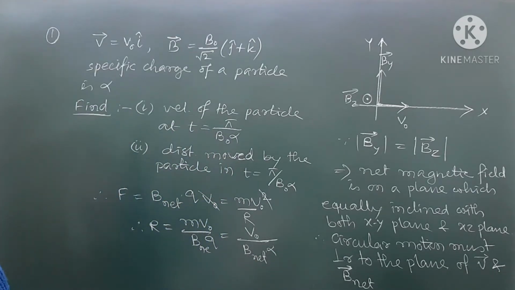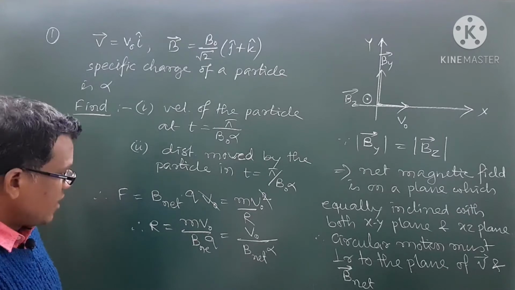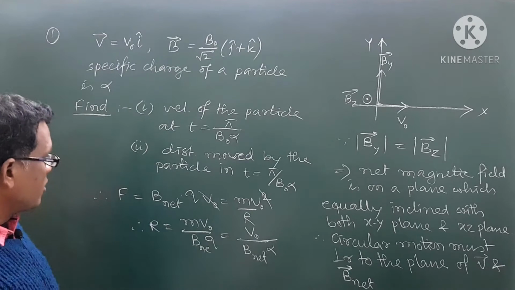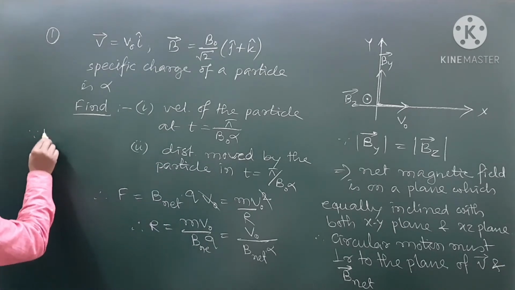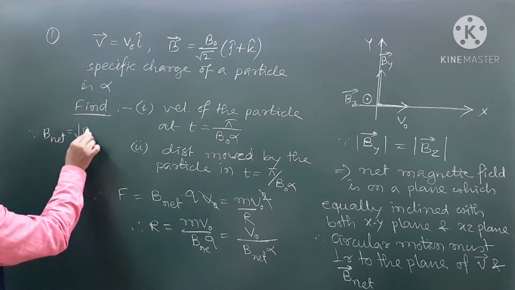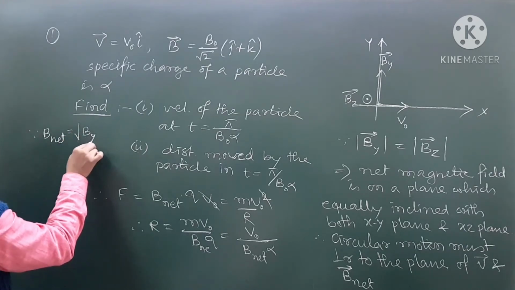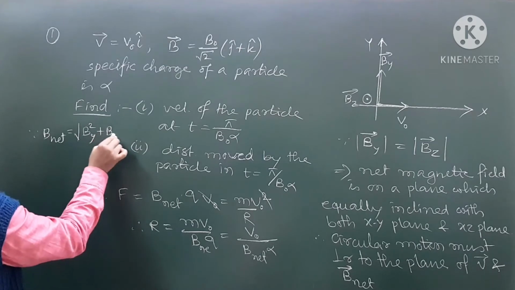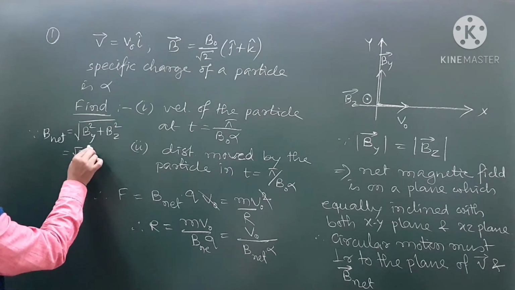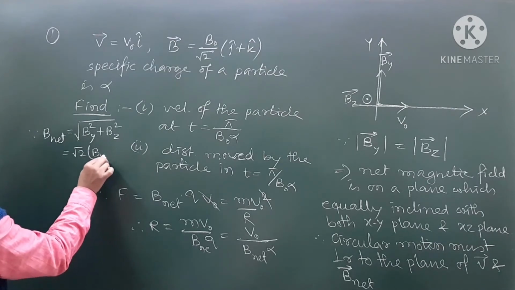Now the question arises, what will be the net magnetic field? We can write down that B net will be equal to the square root of By square plus Bz square, and both are equal, so it is root 2 into By or Bz.